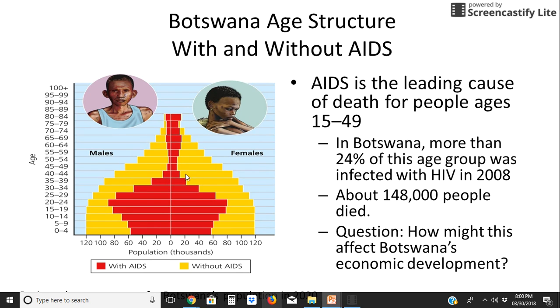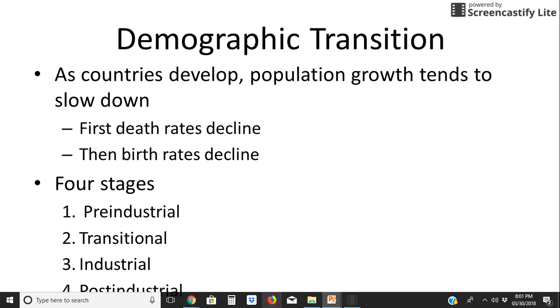And if you think of these people here dying off, that has a major effect on Botswana's economic development. So it's this life expectancy that can also affect economics, because the people that are in these productive years of working are not available to work because they've died.